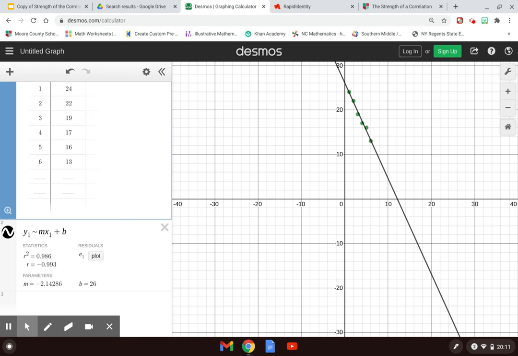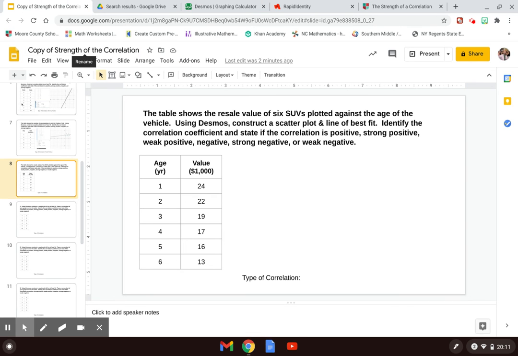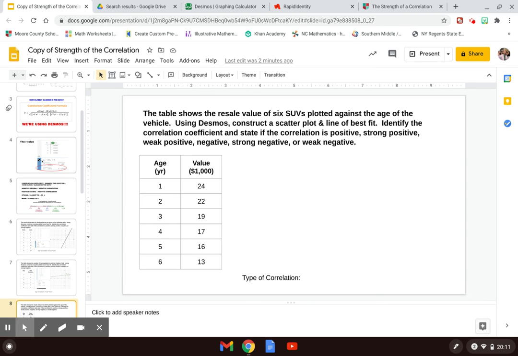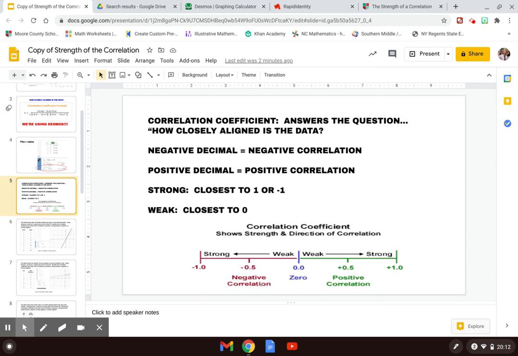But notice here that my correlation coefficient, which is r, is a -0.993. So again, if I apply that to the scale, a -0.993, that's going to be a strong negative correlation because it's way over to this side of the scale.